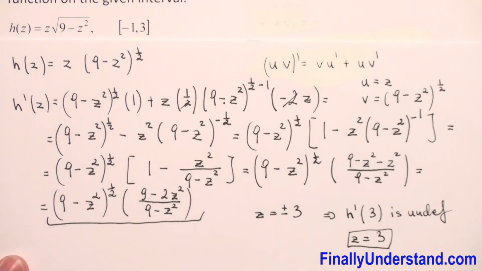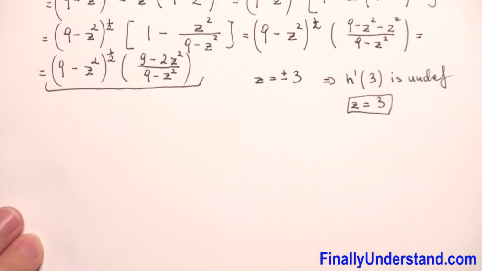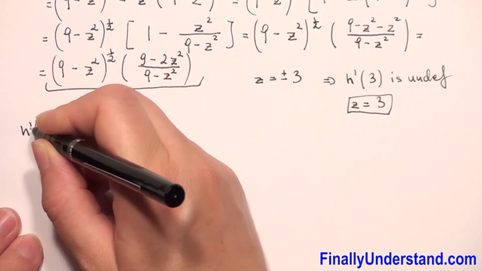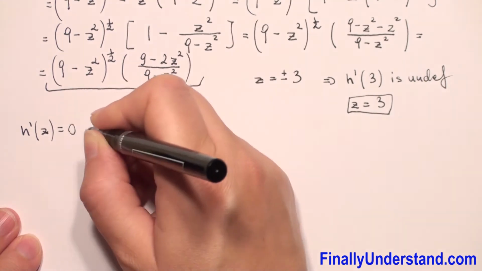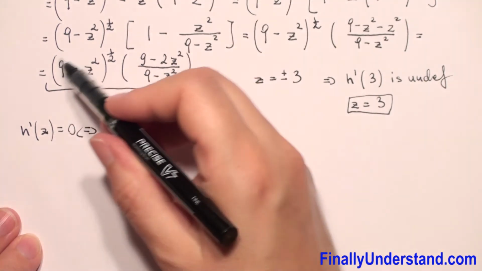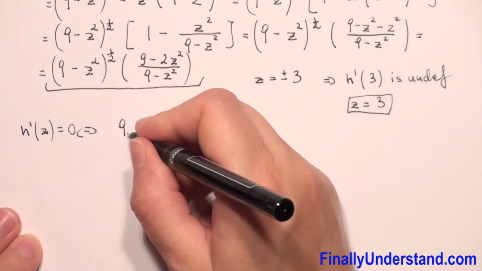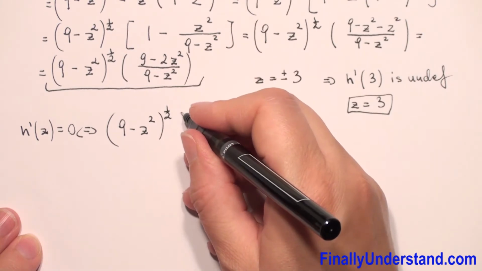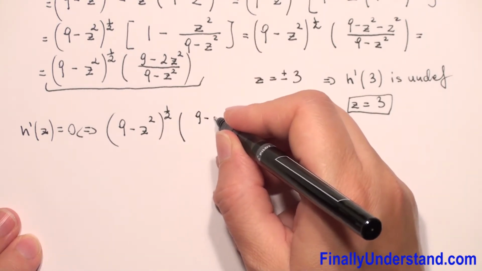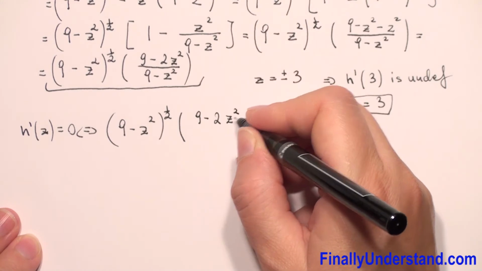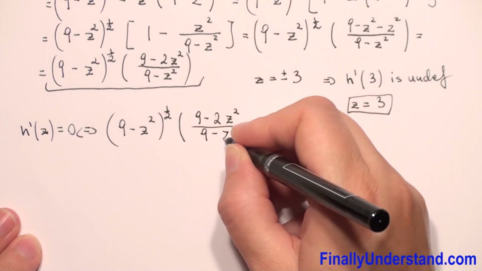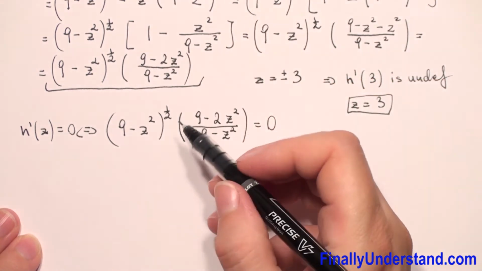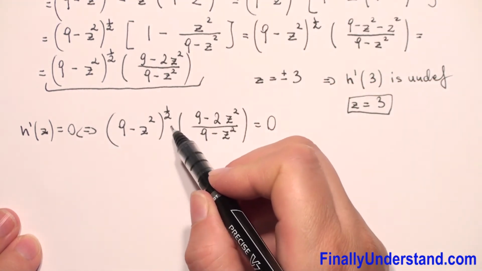Now we have to set our derivative equal to 0. So h prime of z is equal to 0 if and only if this whole expression is 0. So we have (9 minus z squared) to the power 1/2 times (9 minus 2z squared) over (9 minus z squared) equals 0, and here we have a multiplication.